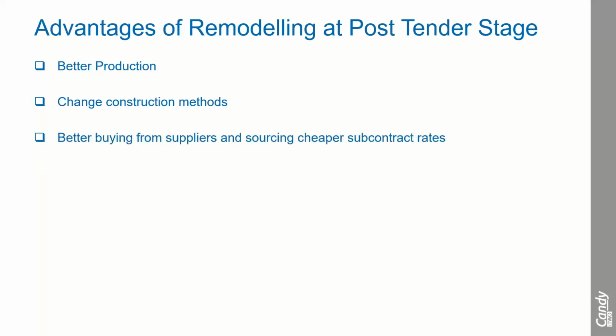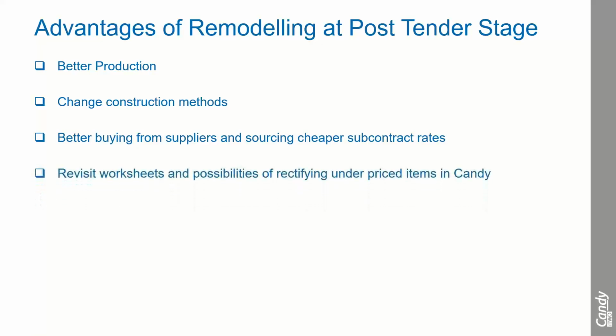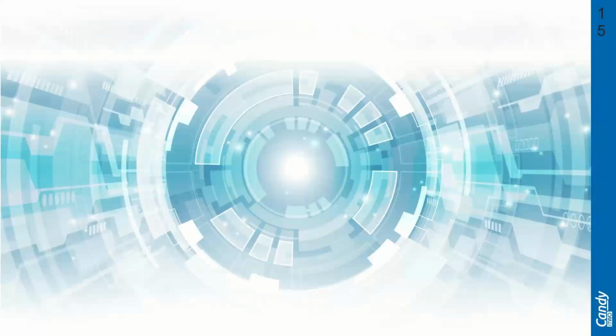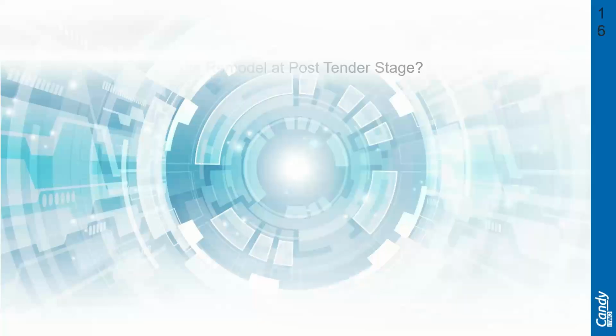Negotiate for bulk discounts from suppliers and cheaper subcontractor rates. Rectify worksheets which have been underpriced in Candy, and then baseline the profit margin of projects before the site team can start on site. I hope my explanation with the use of PowerPoint has highlighted the importance of job remodeling for post-tender stage.